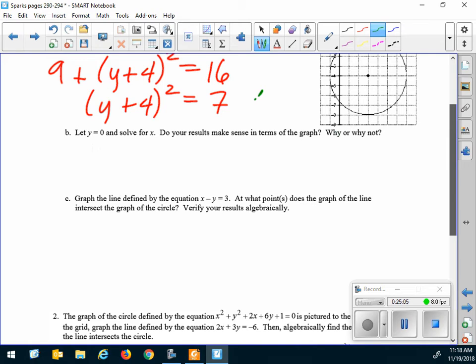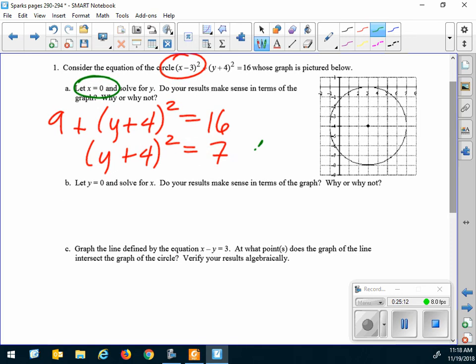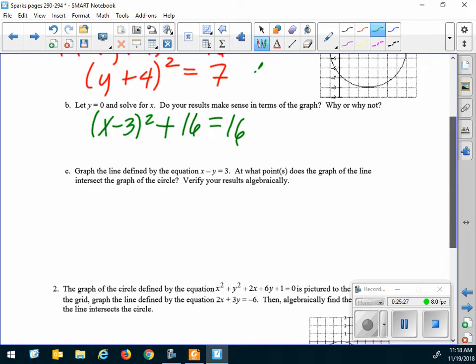Let's look at part B. Let y equal 0 and solve for x. All right, fine. If y equals 0, what's that give me? 16? Oh, shoot. This is easy.